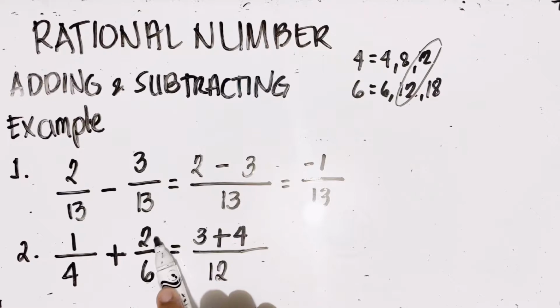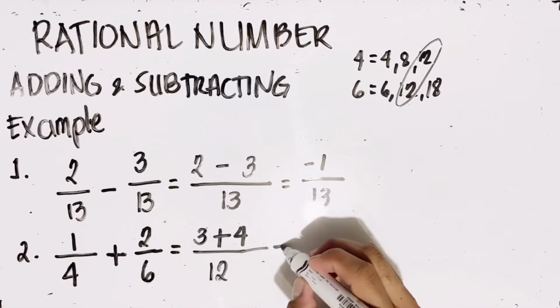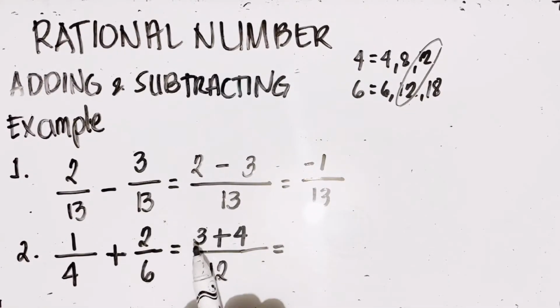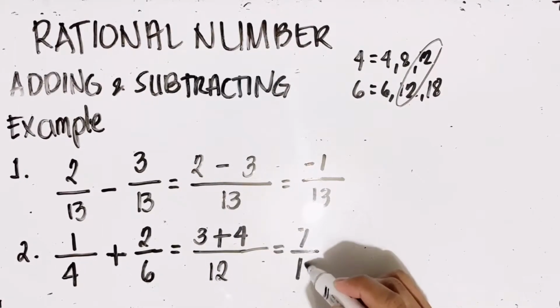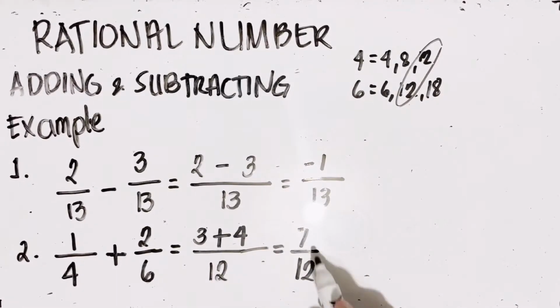Multiply that with the numerator, which is 2. So 2 times 2 is 4. For the numerator, do the operation. 3 plus 4 is 7. While for the denominator, that's 12. So the final answer is 7 over 12.